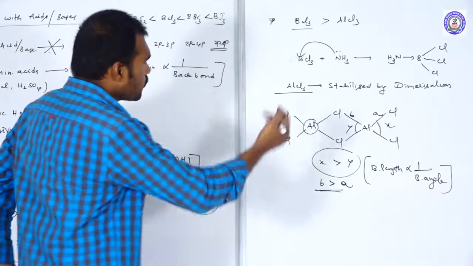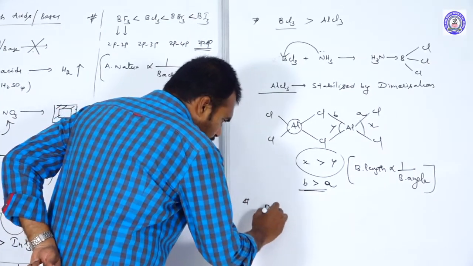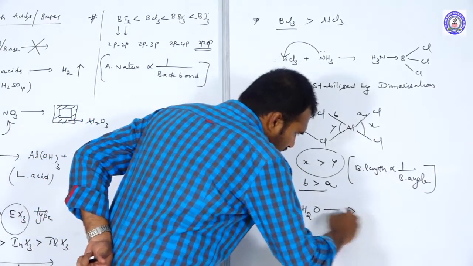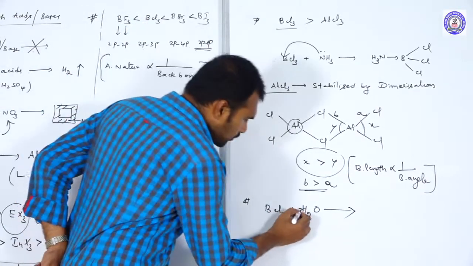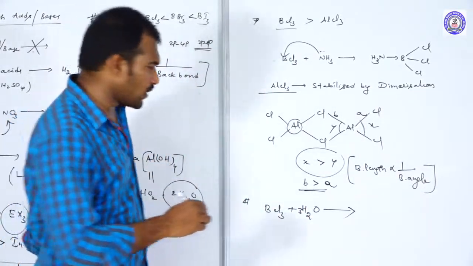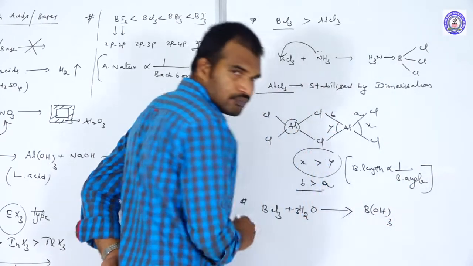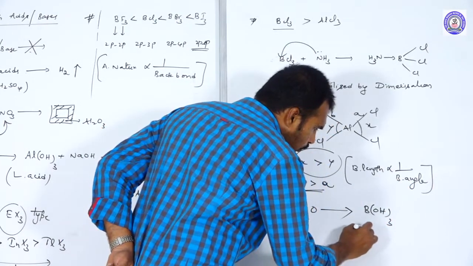Now, one more thing: hydrolysis. For example, if you hydrolyze BCl3, all 3 chlorines are replaced with OH. So we get B(OH)3. What is the name of this? Orthoboric acid.